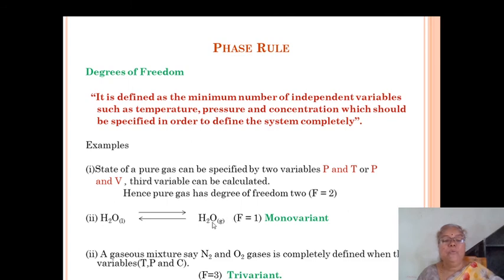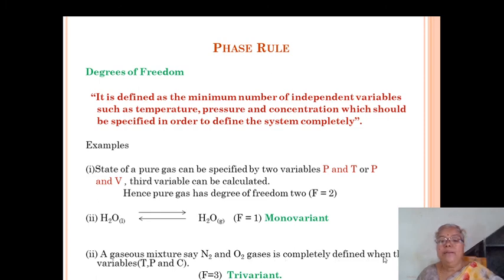So, the degree of freedom of this system is 1 and such systems are called monovariant system or univariant system.